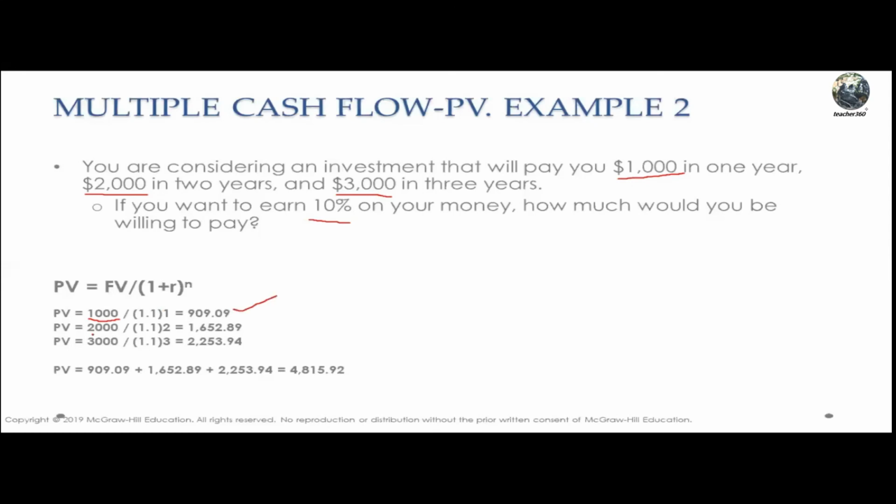At year 2, you will receive 2,000, so 2,000 divided by 1.1 to the power 2. This is your present value. Similarly, you will get present value in year 3. So altogether, you have to invest 4,815.92 if you want to earn these future outcomes.